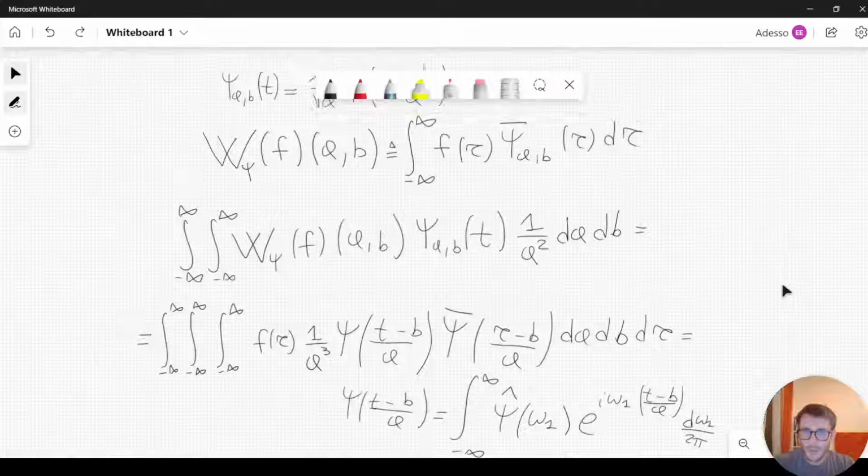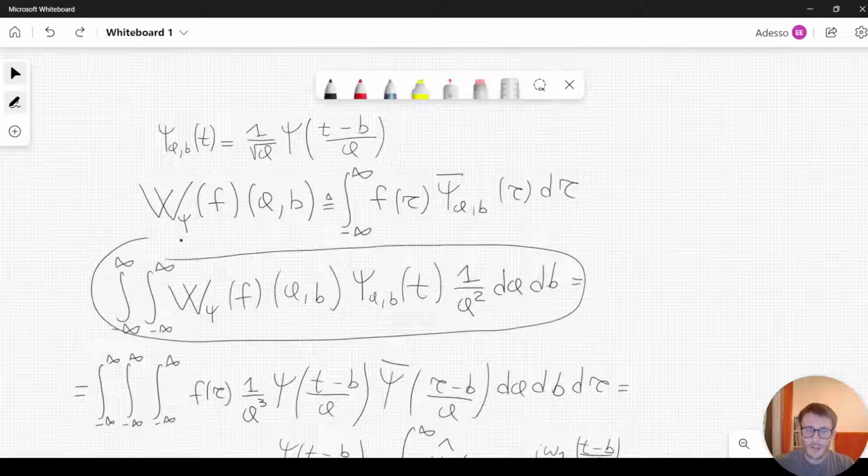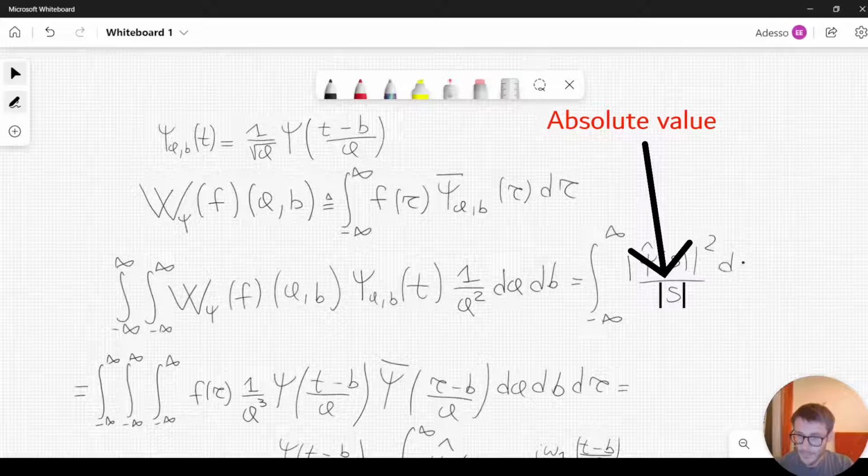And the starting point was this integral here. So we found that this integral can be written as the integral from minus infinity to plus infinity of mod psi hat of s squared over s ds times f of t.